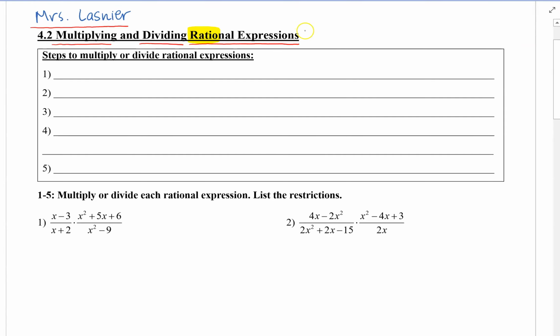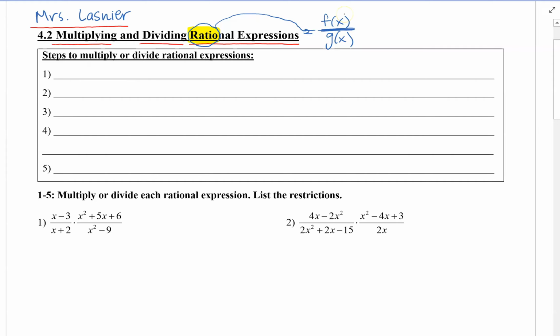So a rational expression is basically a function that is written as one function divided by another function. I'm just going to call it f of x divided by g of x. Notice that what we have here is a ratio between those two functions, right? A fraction is basically a ratio.